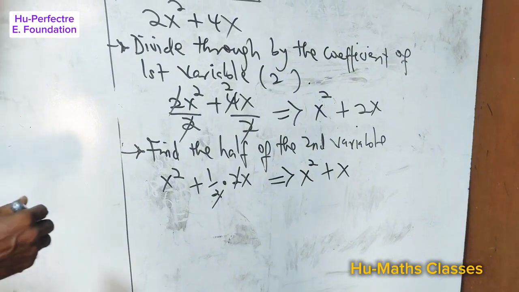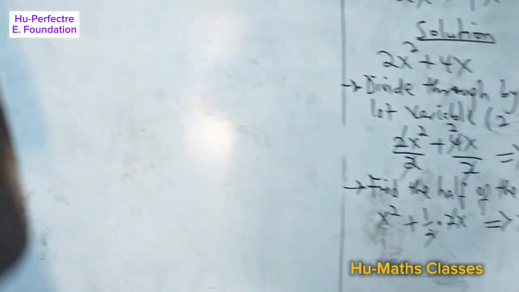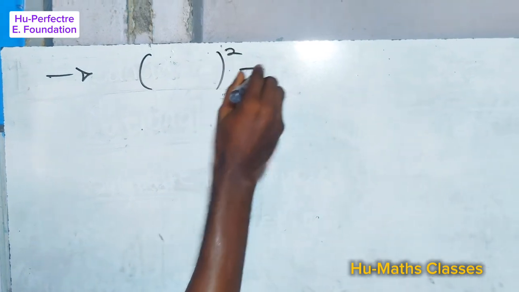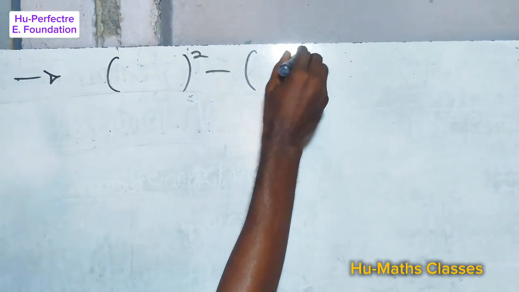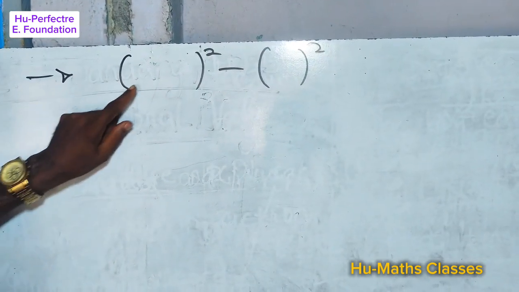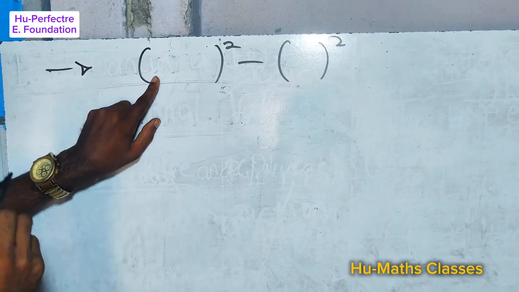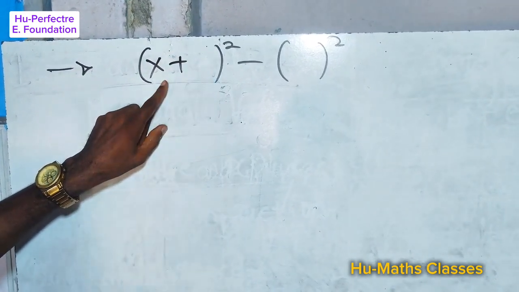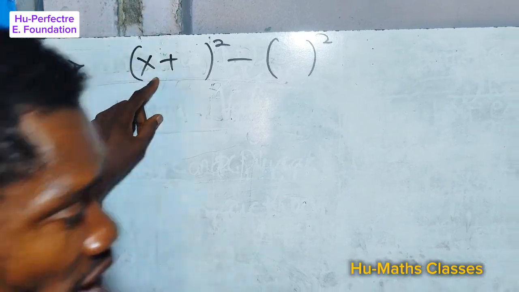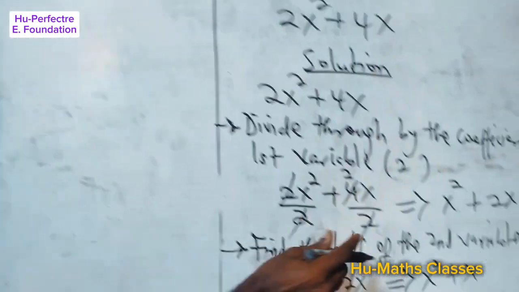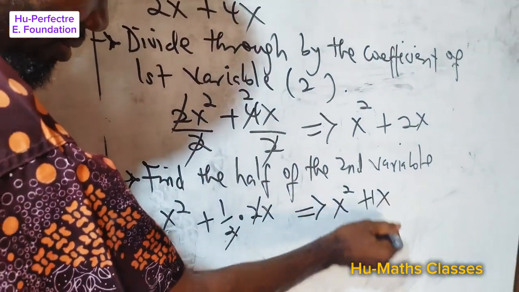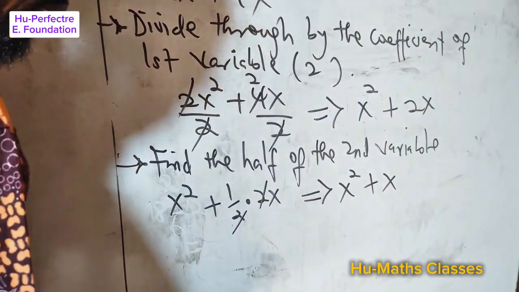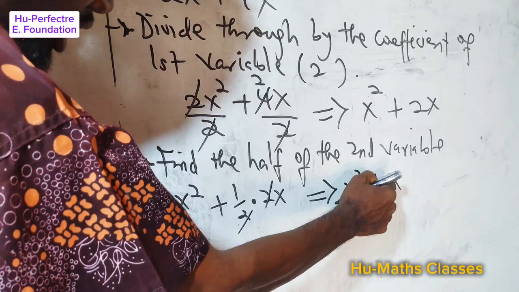Then the next step is to find the difference of two squared brackets in this form. In the first bracket, you write the independent variable x alone plus the coefficient of the second variable. Here, our second variable has a coefficient of 1, but it is not always written.